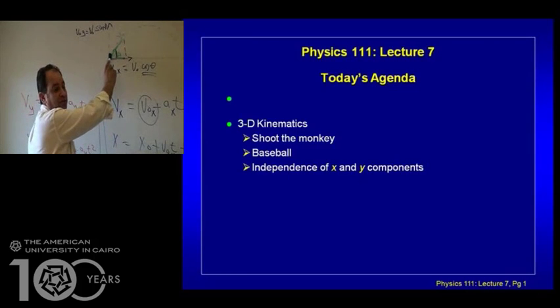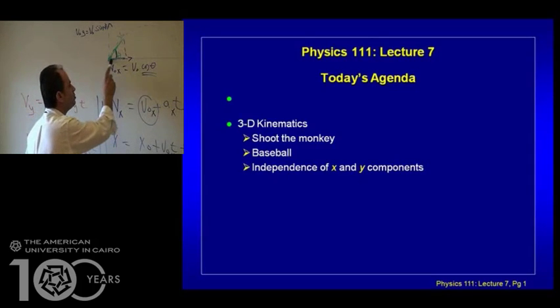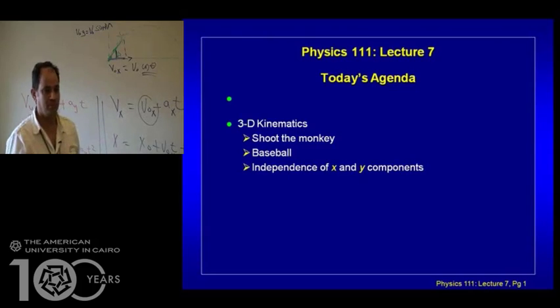What happened to that velocity? I'll ask it in two different ways. First way, what happened to the velocity along the x-axis? It did not change. It will not change.